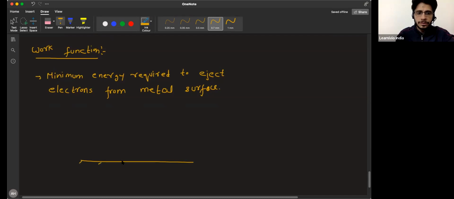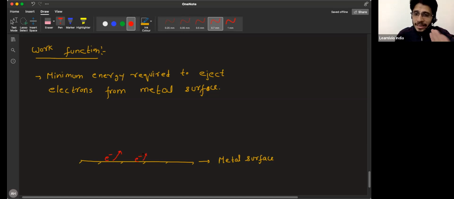Say this is a metal surface. You want to eject electrons from this metal surface.